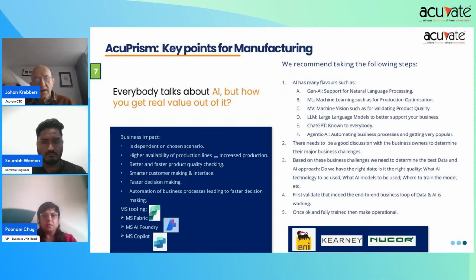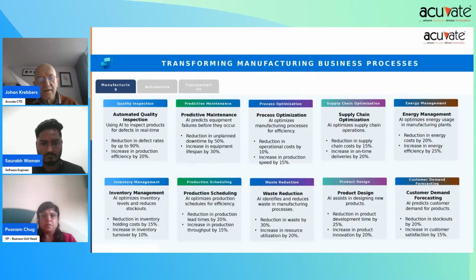Why is agentic AI so important? Why is Copilot so important? And again, you see on the left the business impact and some of the Microsoft tooling, because only some of the tooling is relevant when you talk about AI in this environment. So these are the types of questions we're getting, and here we give a summary of how we go about addressing them, what the impact is to you as a business, and what kind of tooling you would use.